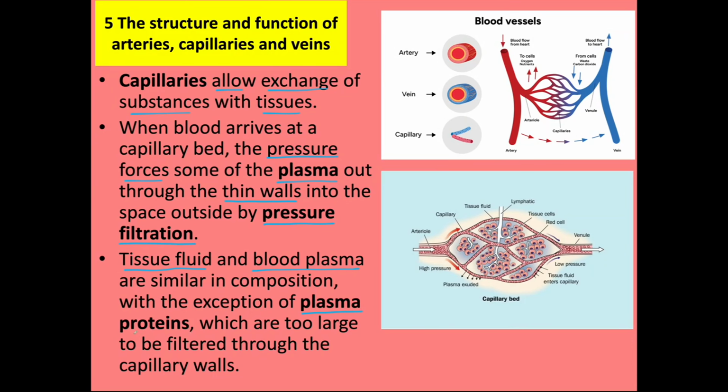That exception is that plasma proteins, obviously found in the plasma, are too large to be filtered through the capillary walls. So even with pressure filtration, we cannot force those proteins into the tissue fluid. So the tissue fluid lacks those plasma proteins, whereas the plasma has them. And you need to know about that difference in composition for your exam.